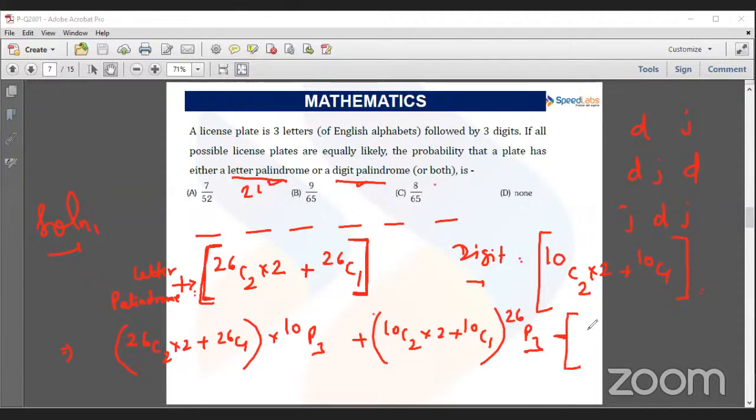When palindrome happens in both, the product is 26C2 into 2 plus 26C1, into 10C2 into 2 plus 10C1. This would be the total favorable cases upon 26P3 into 10P3. Yes, Parth, any questions here?